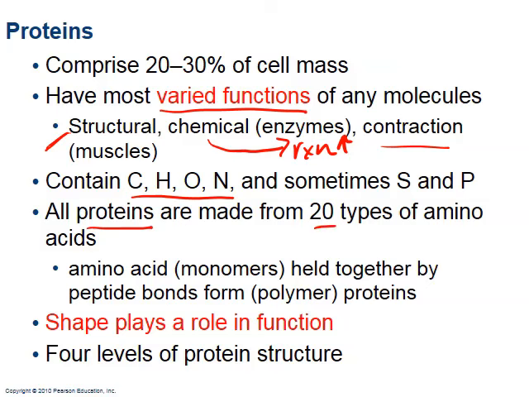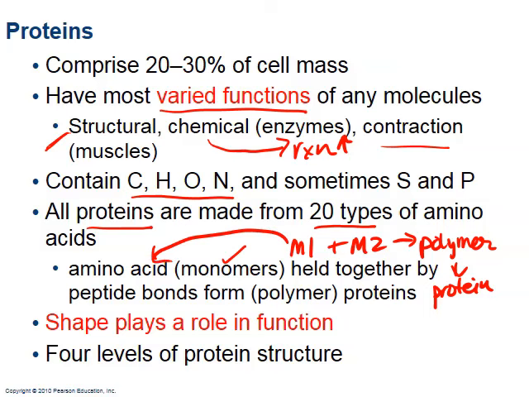All proteins are made from 20 types of amino acids, and these are the monomers. Remember, we would say if we had monomer 1 and monomer 2, put them together, and you have a polymer. Well, in this case, the polymer would be called a protein, and the monomers would be called amino acids. So not only does the order of amino acids matter, but also the shape.